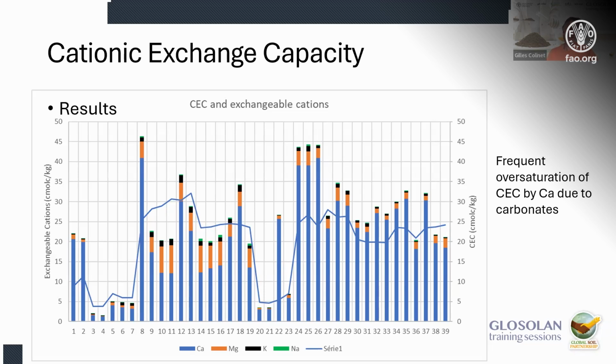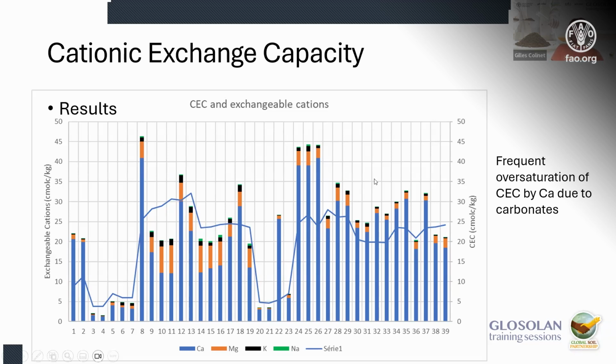So there is a recommendation in the SOP of the FAO to not report the result of the calcium when you have carbonates in the samples. If you have dolomite, you could have the same problem, that you overestimate the real quantity of magnesium.